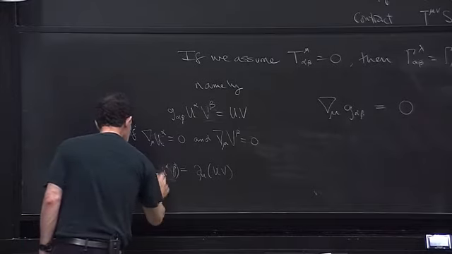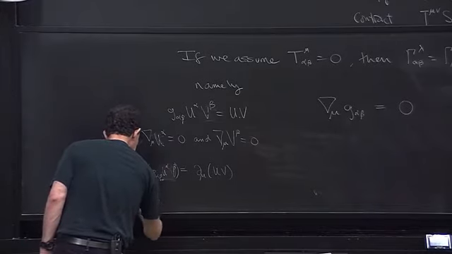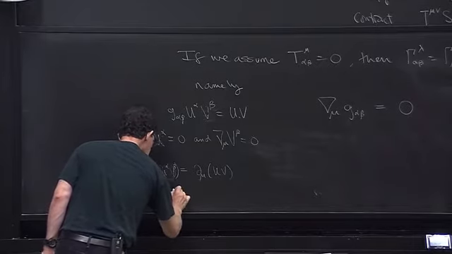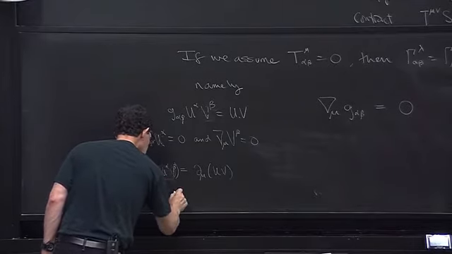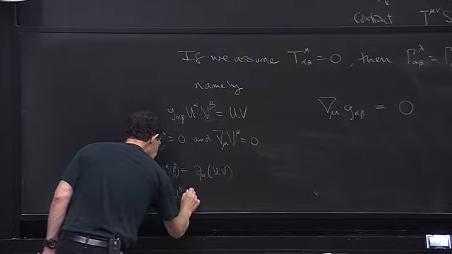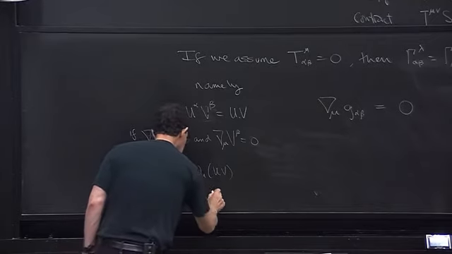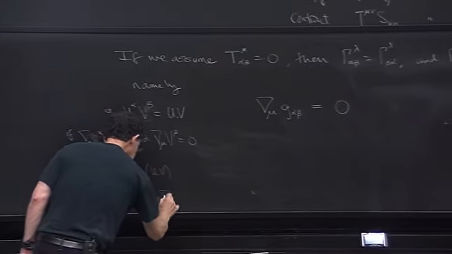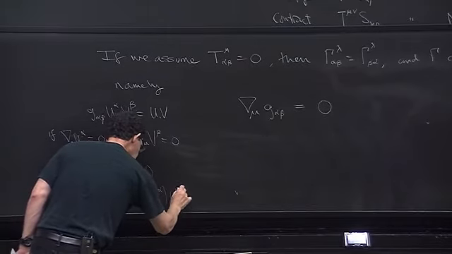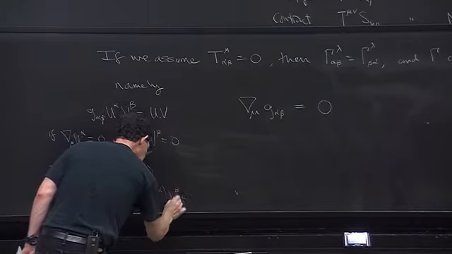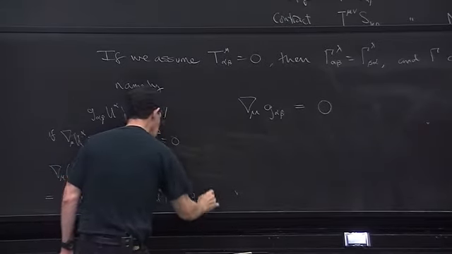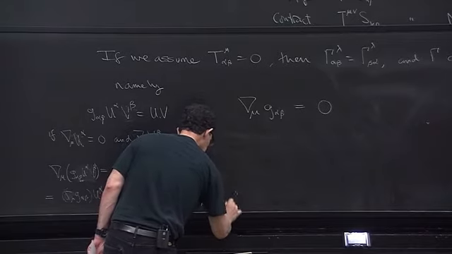This is equal to ∇_μ g_αβ times u^α v^β, it's distributive, just like the ordinary derivative, plus g_αβ ∇_μ u^α v^β plus g_αβ u^α ∇_μ v^β.